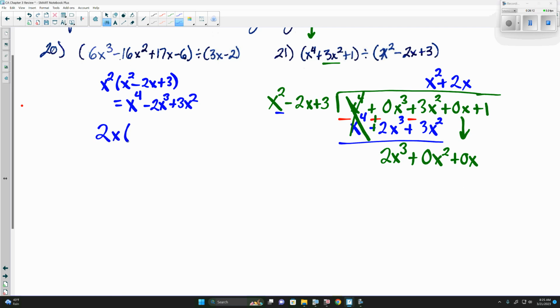Now we multiply x squared minus 2x plus 3 by 2x. 2x times x squared is going to be 2x cubed. 2x times negative 2x is going to be negative 4x squared. And 2x times 3 is going to be plus 6x.